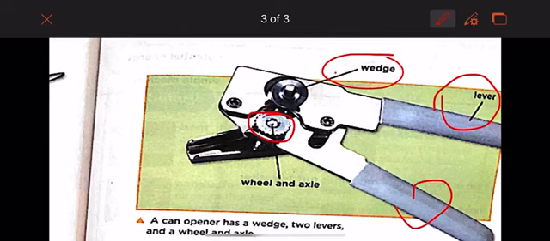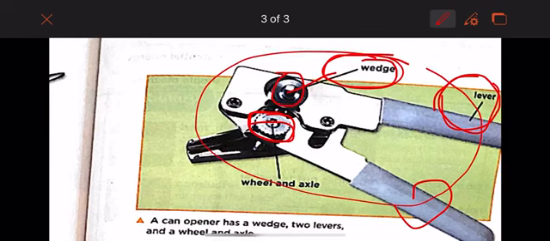The wedge right here is the sharp tool that opens the cans. So a can opener has a wedge, a lever, and a wheel and axle. They are all put together to make a compound machine.